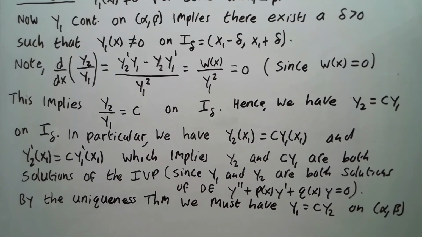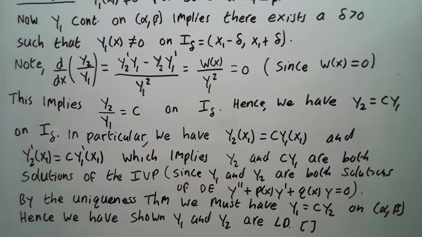Let me write it here. Hence we've shown that y1 and y2 are linearly dependent on our alpha beta interval. Okay, so we're done. Let's take a look now at a corollary to this.